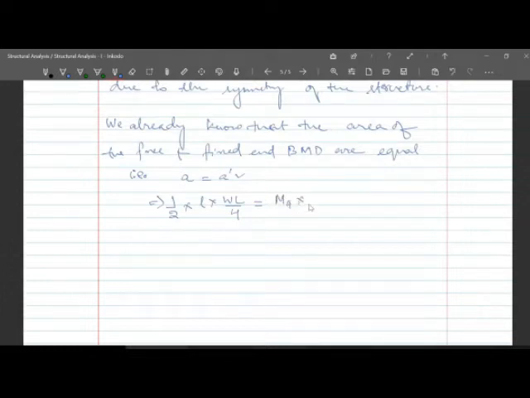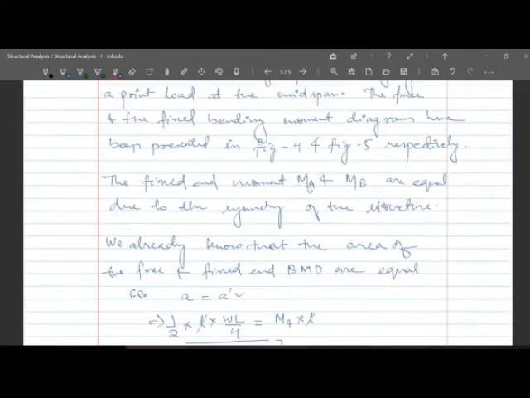So half into L into WL by 4 equals MA into L. Now from this, can we find MA? Yes, of course. I cancel L on both sides. So MA equals WL by 8.